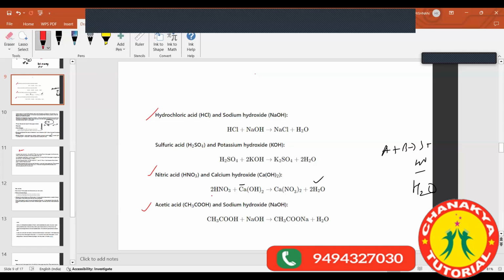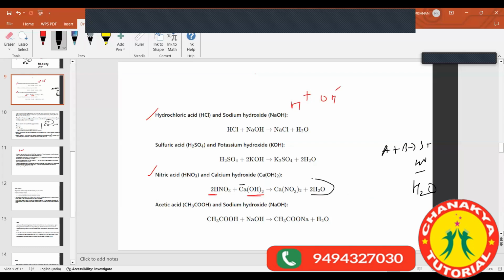H is 2 and OH is 2, so we can put 2 H2O. H plus and OH minus will form water, and each has 2 in them. So 2 water can be formed, right?